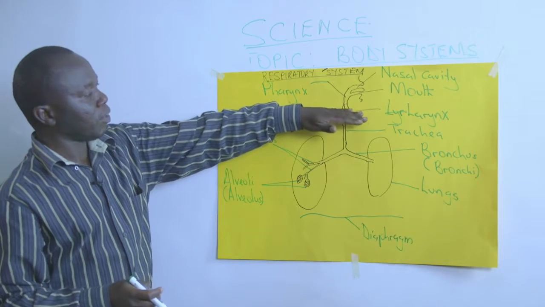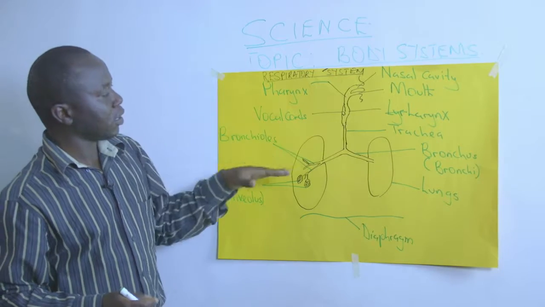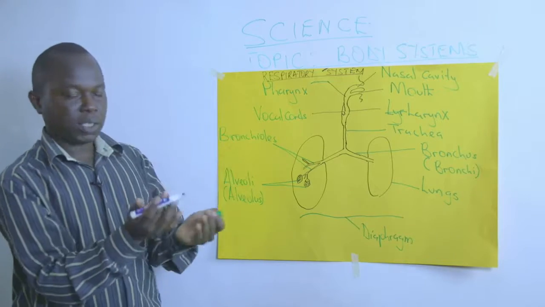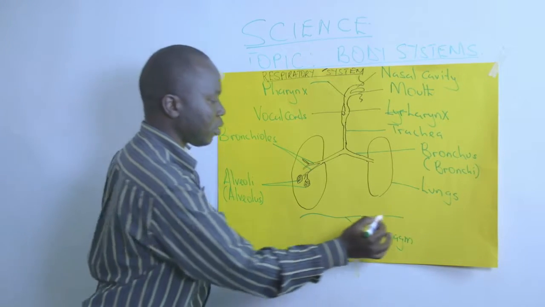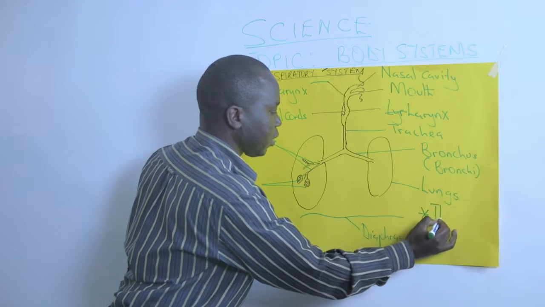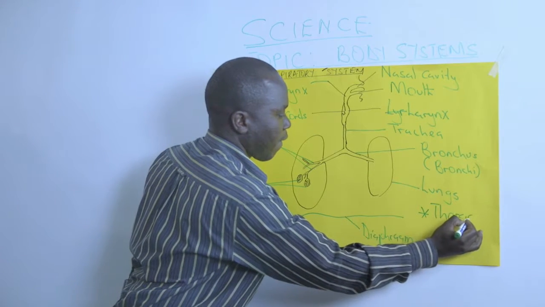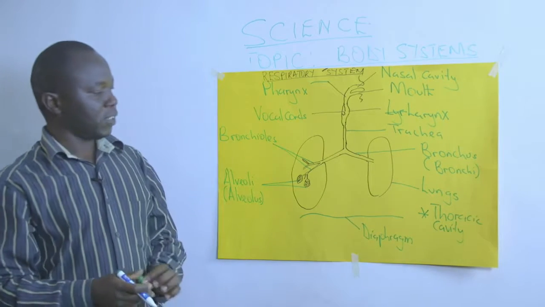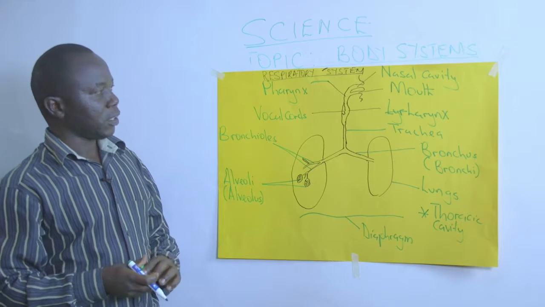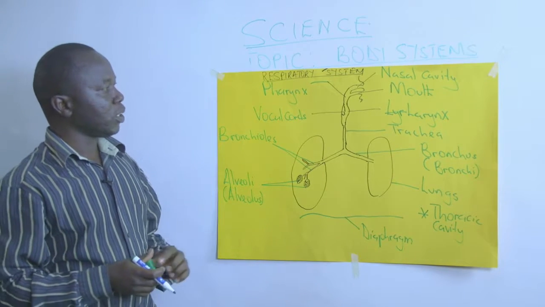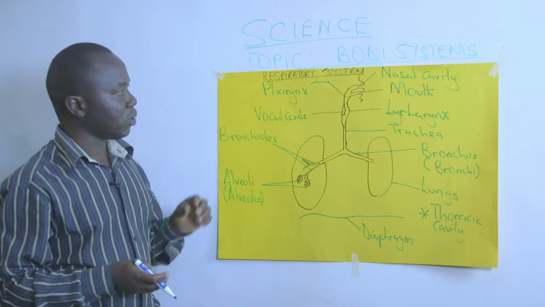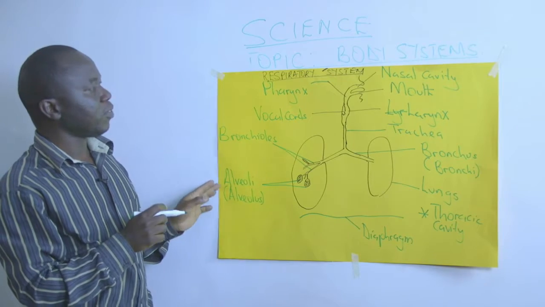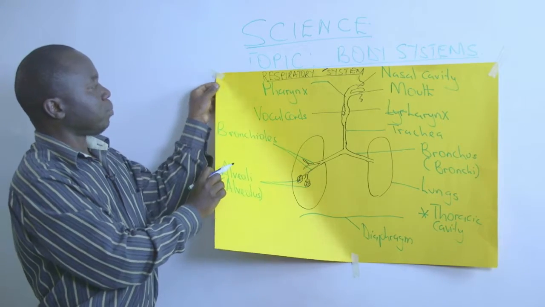All of this, from the larynx, trachea, bronchus, and the rest, is housed in a structure called the thoracic cavity, or chest cavity. Once we have this, we are going to go through each one of them to describe their roles. Because we have this diagram in your books, I'll remove it and then we go through each part.